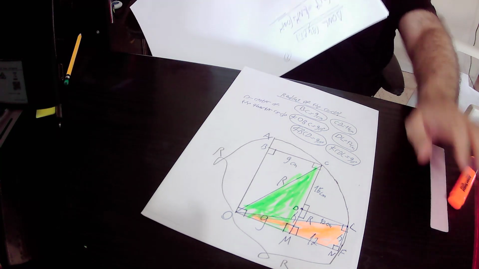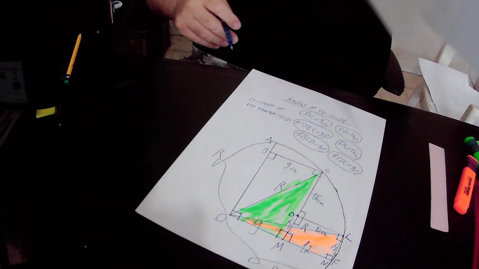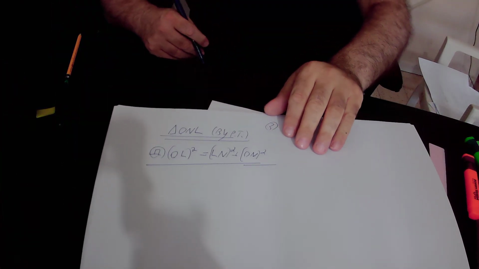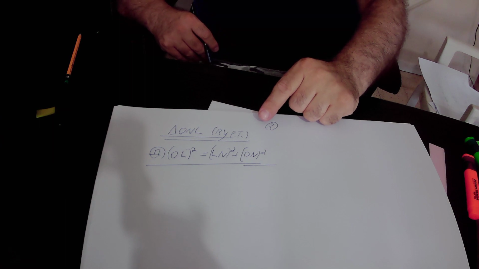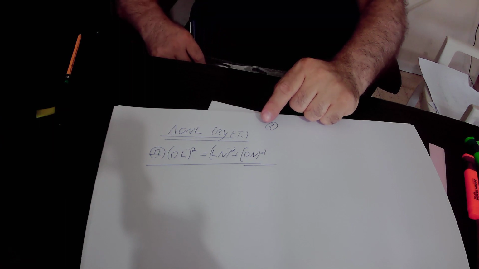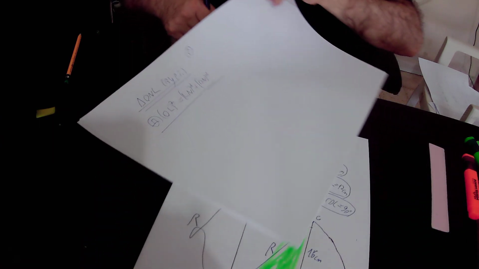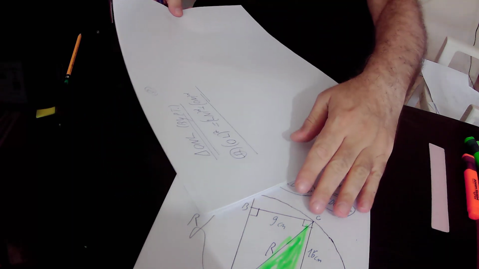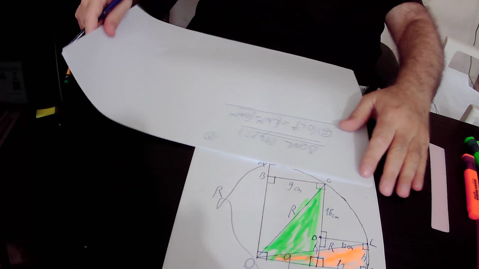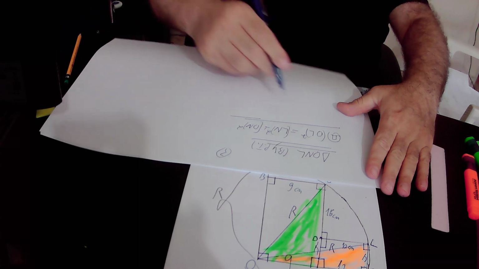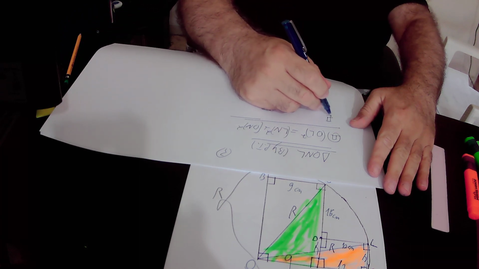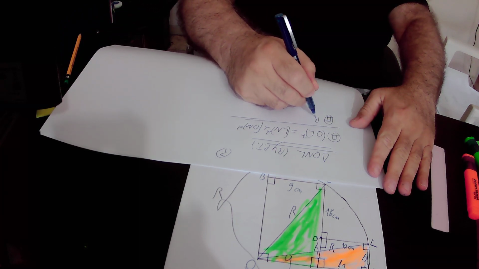I repeat again, according to the Pythagoras theorem, OL squared equals LN squared plus ON squared. We just right now found out that OL is the radius of the quarter circle that is equal to capital R. So OL squared is capital R squared, or R squared.